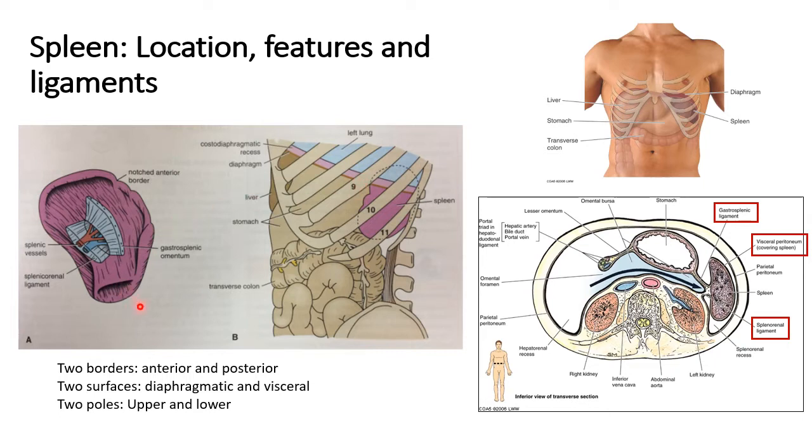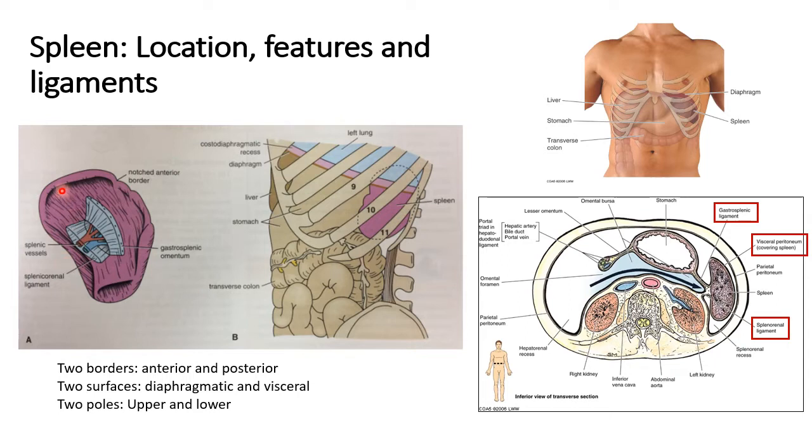So for the description of the spleen, it has two borders, two surfaces, and two poles. The borders are these ones. This is the anterior border, and that is the posterior border. Some textbooks describe them as the superior and inferior borders, but in this lecture we follow the anterior and posterior borders.